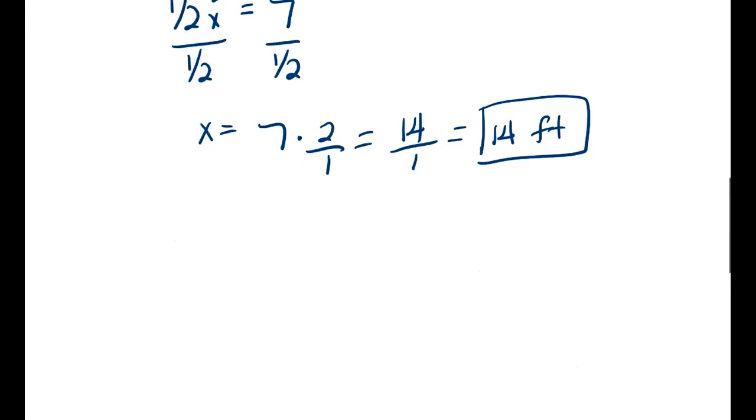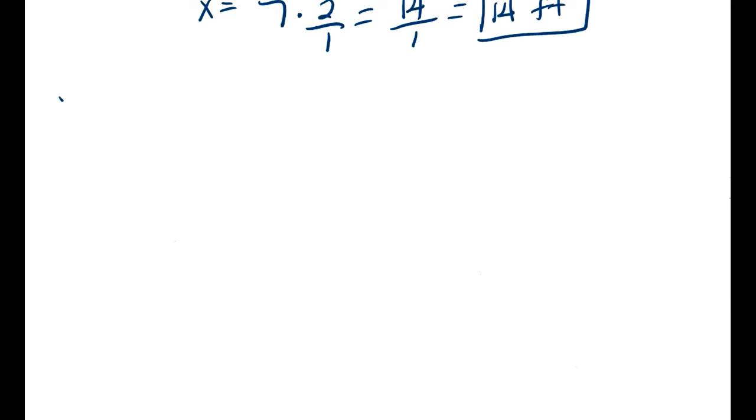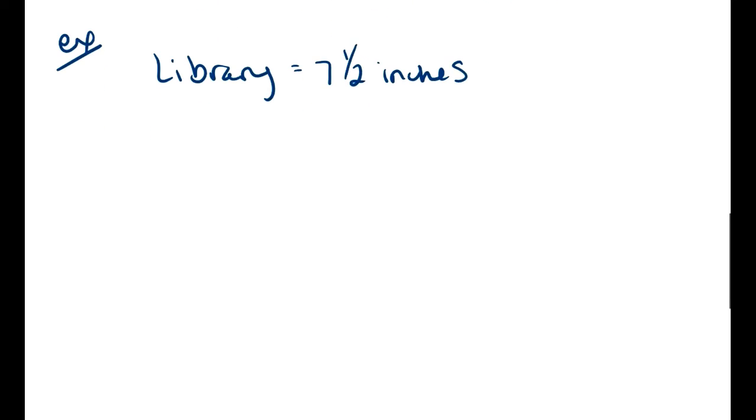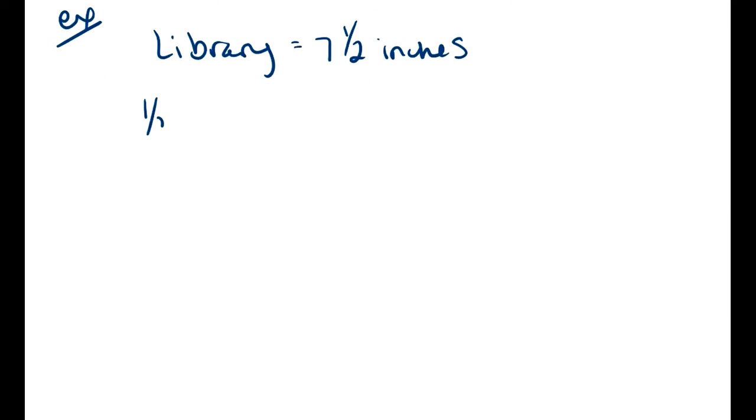Okay, we're going to do that final example here for you. And this was to find the length of the library. And they tell us that that comes in at 7.5 inches. So I'm going to use my scale model, 1/2 inch, or my scale factor, I should say, to 4 feet.